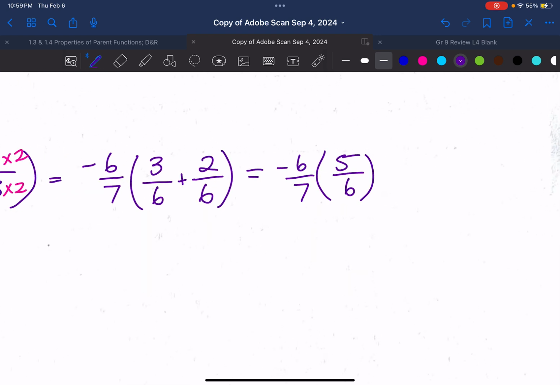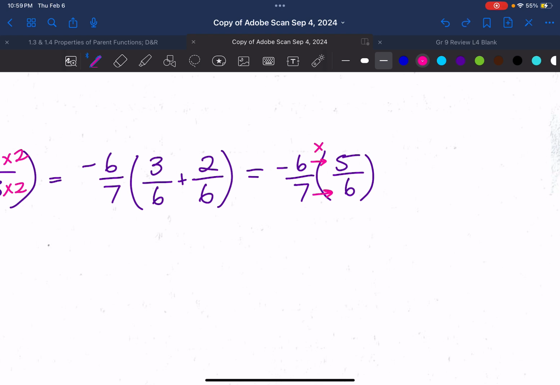Now, I said for multiplication of fractions, you do not need a common denominator. We don't have to worry about making the 7 and the 6 the same. That is only when you're adding and subtracting. So in this case, when you are multiplying, you are just doing top times top and bottom times bottom.